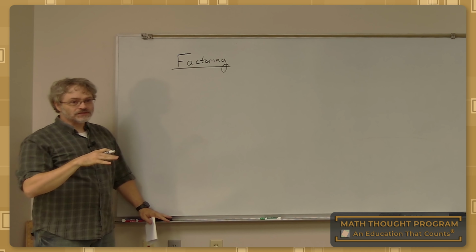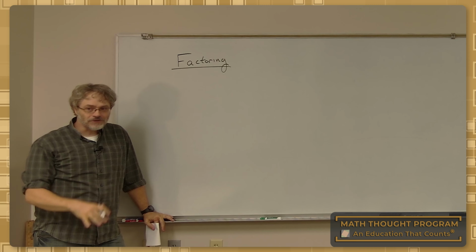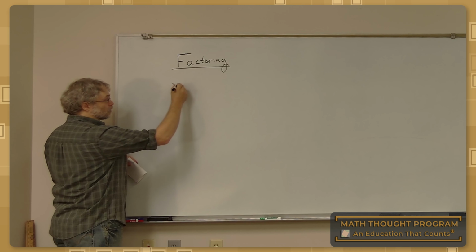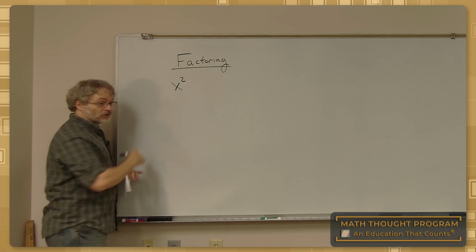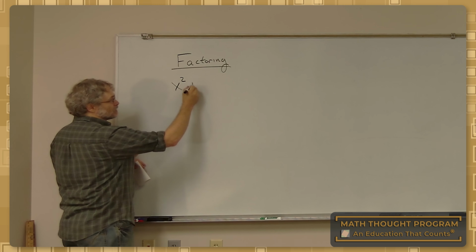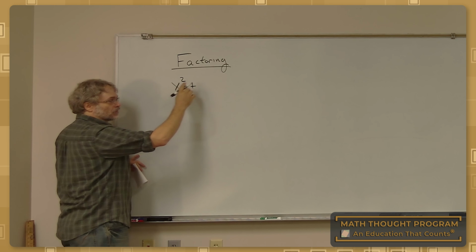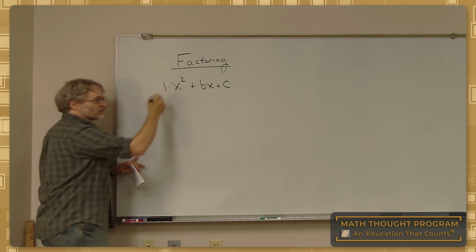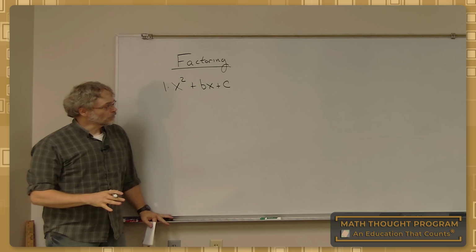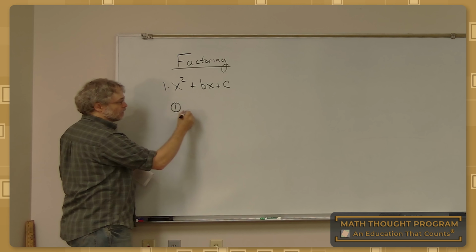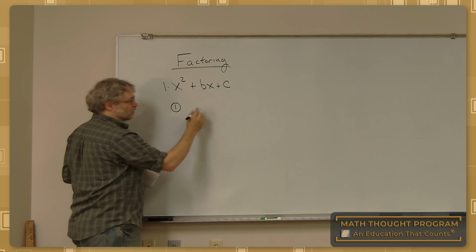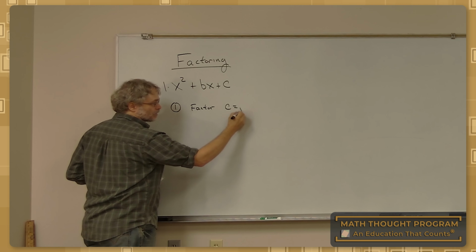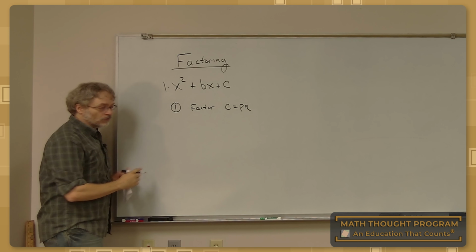And what we discovered was a really interesting way of how to factor. We found out if you have a quadratic, remember that's a polynomial whose degree is 2, something of the form x squared plus bx plus c, where there is a 1 in front, the steps are: you look at the constant term at the end and factor c, maybe in terms of a p and a q.